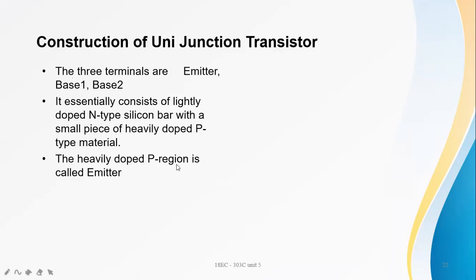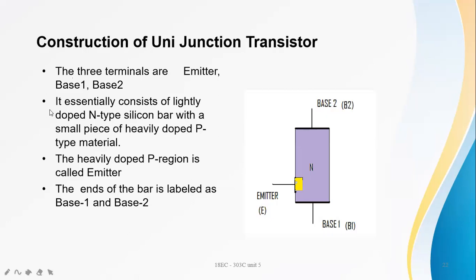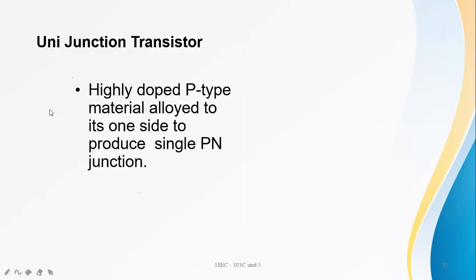This heavily doped P region is called the emitter, and the ends of the N-type bar are labeled as base 1 and base 2. This is the construction of the unijunction transistor.